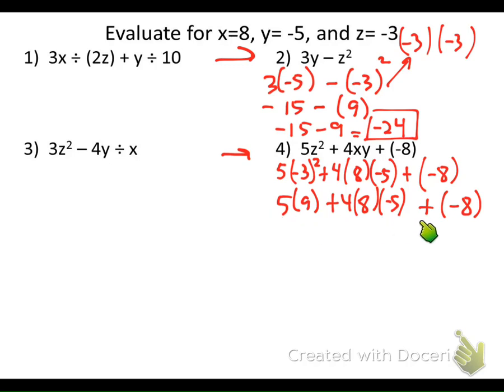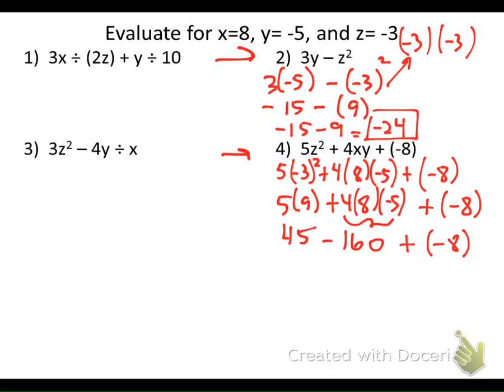So these plus signs here are separating this group and this group. Though this is by itself, it's still a group. So that's going to be 45. 4 times 8 times -5, I'll do it real quick with you. That's going to be -160, because that 5 is negative. And then lastly, I have a plus -8.